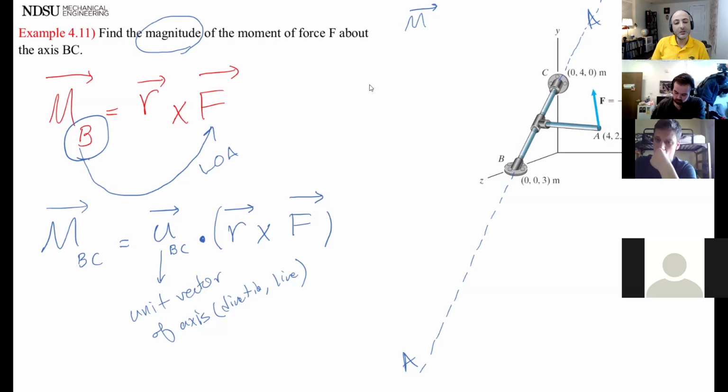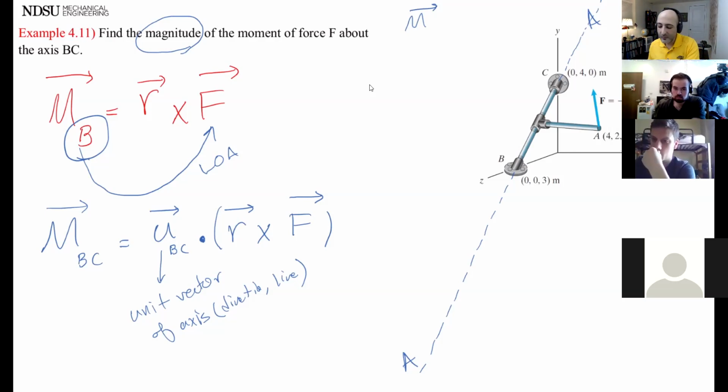Where is it to? You're talking about B to C? B to C. No. Because remember, the unit vector of BC is pretty much the position vector of BC divided by its magnitude, so it's like you're multiplying the position vector twice by itself.